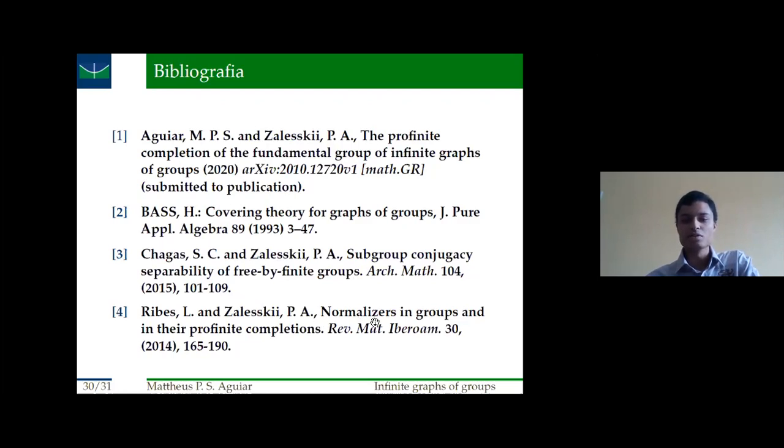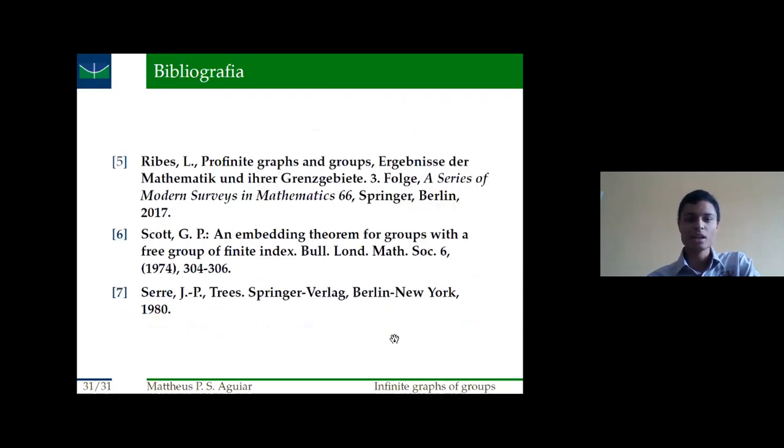And we also generalized the main result of this paper, normalizers of groups in the profinite completions, published in Revista Matemática Iberoamericana. And the book by Ribes, published in 2017, is Profinite Graphs and Groups. And this book by Serre, Trees, presents the abstract version of the Bass-Serre theory.